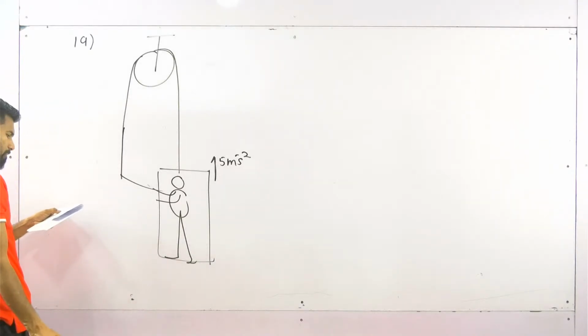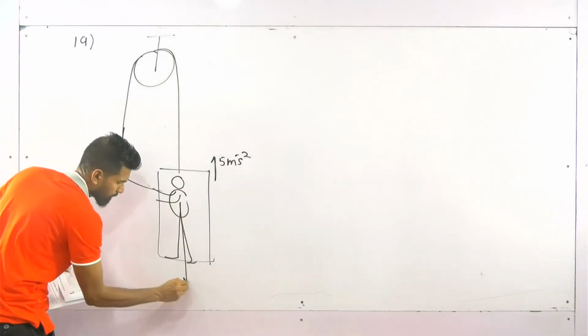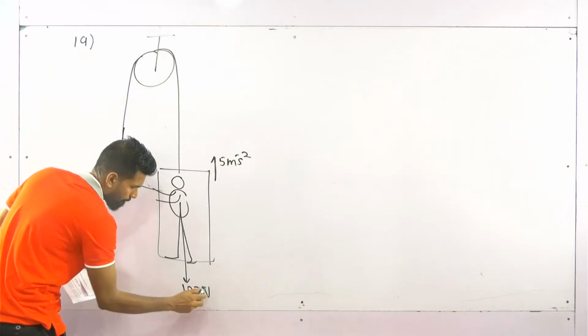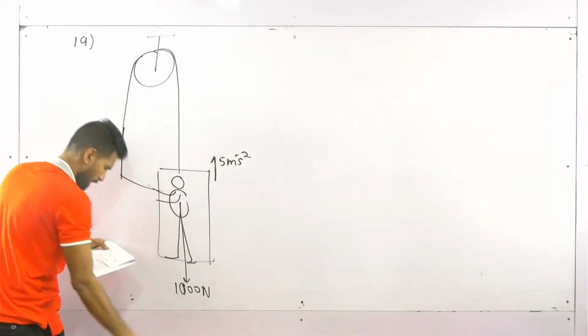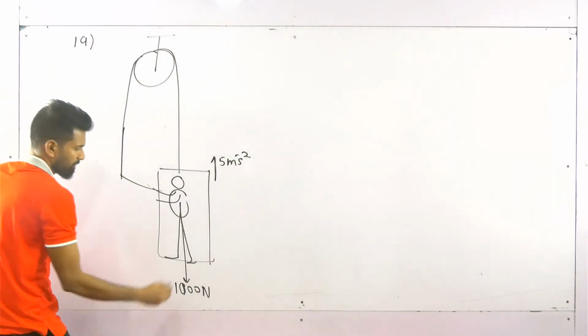Mass of the painter is 100 kilograms, 1000 Newtons, the weight. And that of the crate is 50 kg, 500 Newtons.